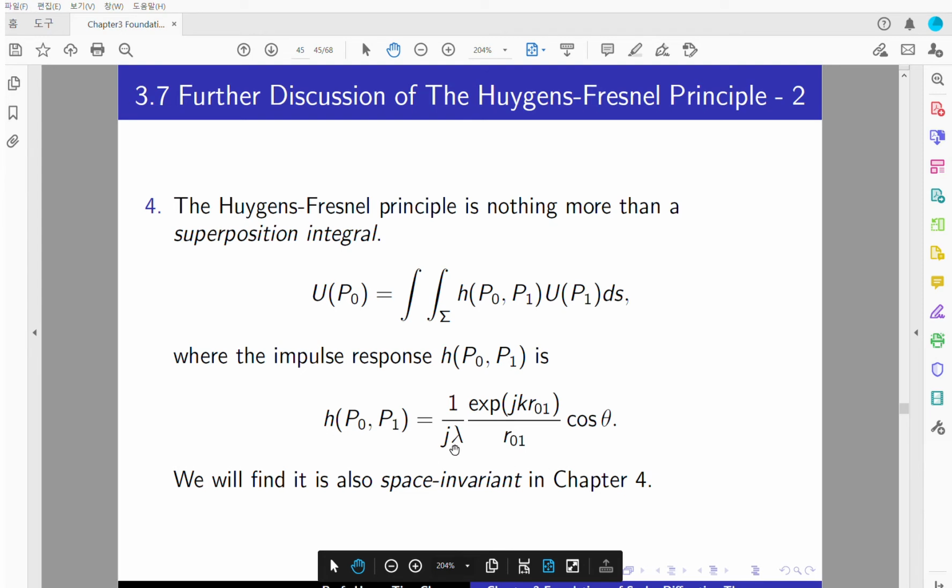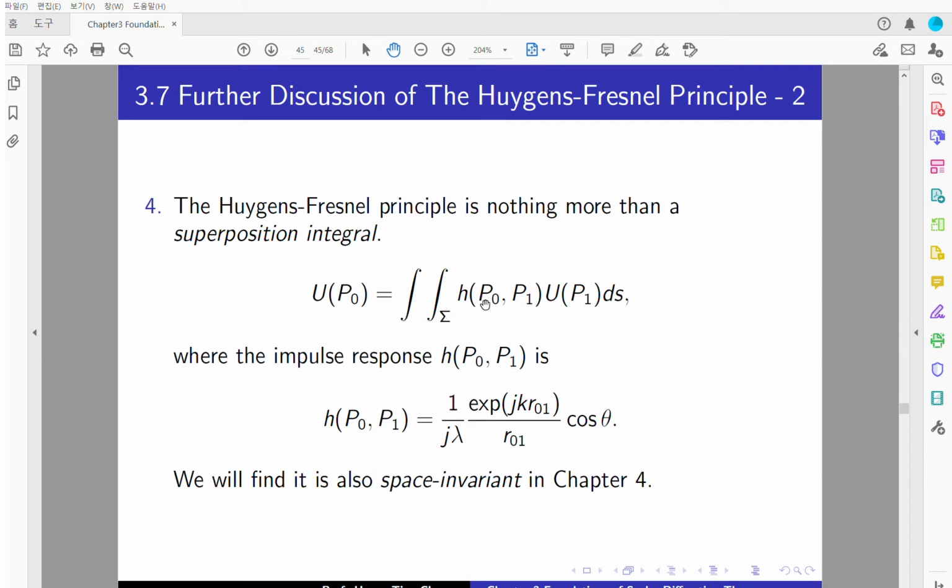So for the time being, let's assume that our scalar component at our observation point P0 is expressed in terms of a field component at P1 with this impulse response, P0 and P1.